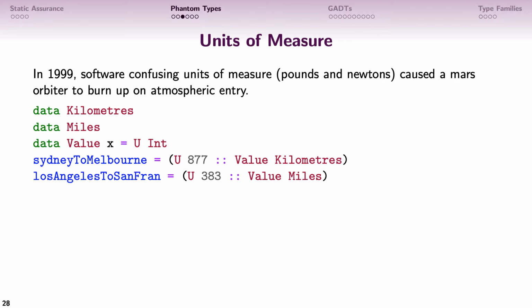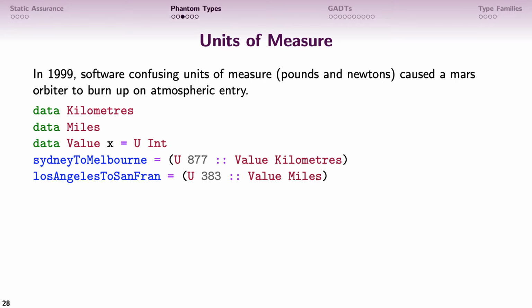And this caused the Mars orbiter to do all sorts of wrong calculations, and it ended up coming into the atmosphere at like a 90-degree angle and completely just burnt up. So we want to prevent that kind of loss of money and loss of scientific insight.